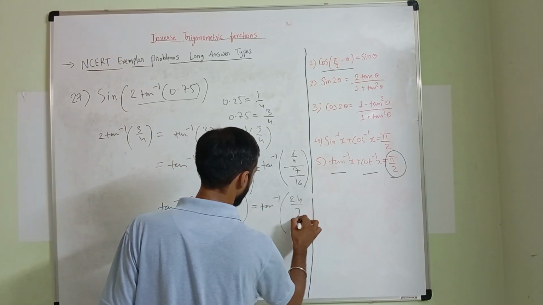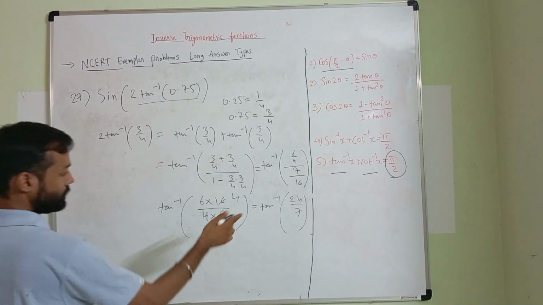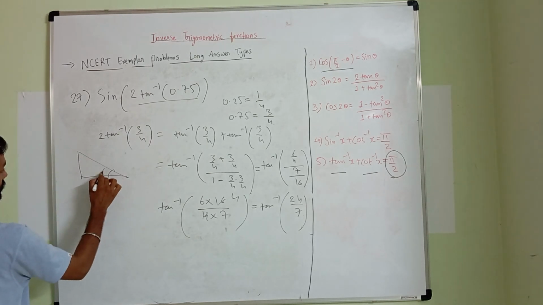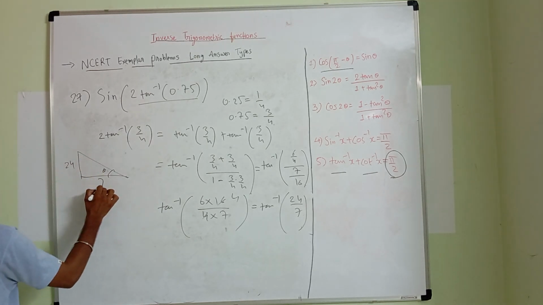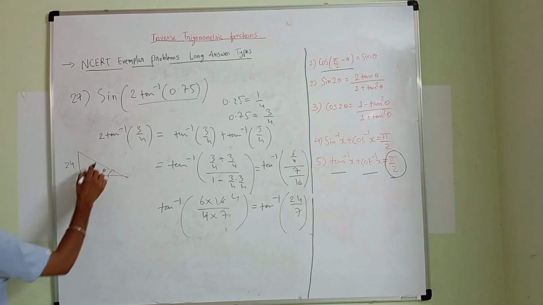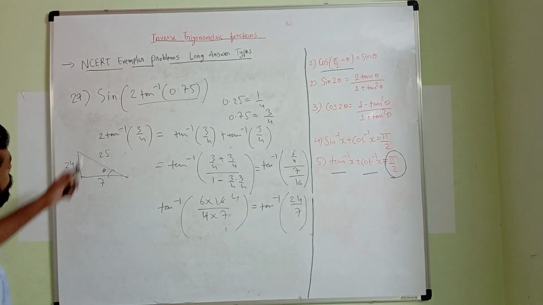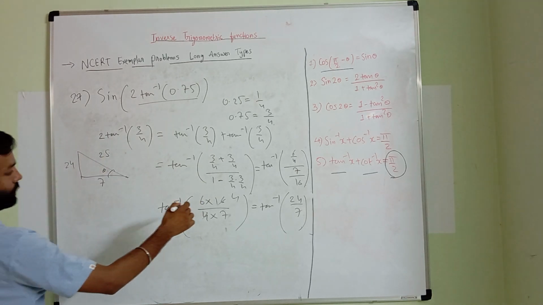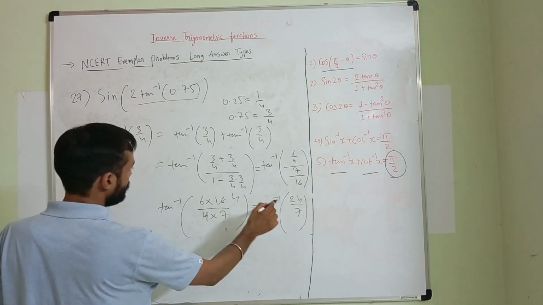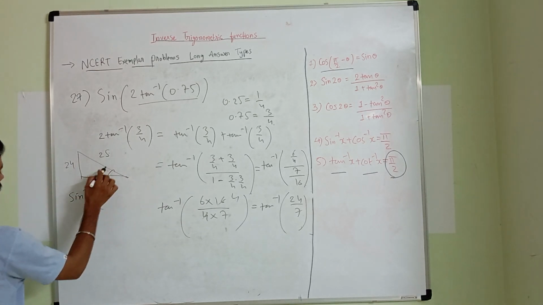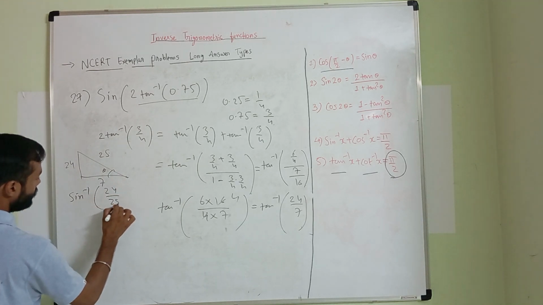24 by 7. Since tan is opposite upon adjacent, here 24 by 7. On applying the Pythagoras theorem, we will get 25 as the hypotenuse. So if tan inverse is 24 by 7, then sine inverse will be opposite upon hypotenuse, 24 by 25.